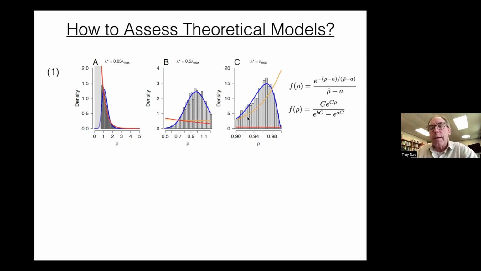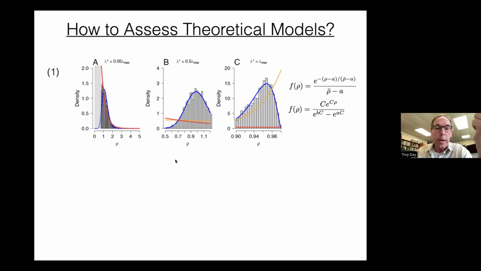It can fit reasonably well when the distribution is squished far to the right because I have an upper bound, so it's kind of a mirrored exponential. But it cannot fit well when I have intermediate distributions like this because it never produces an intermediate hump in the distribution on that scale. So that's one way you can try to start to distinguish these things, by examining these measures on different scales, both a Malthusian scale and a multiplicative scale potentially.